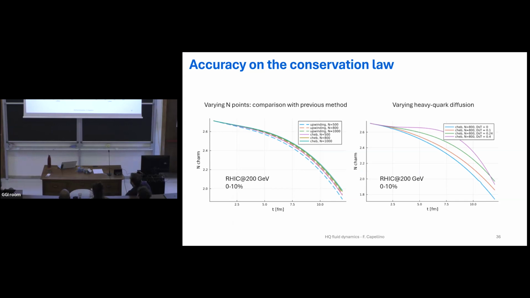And so one can see that Chebyshev systematically, for the same number of discretization points, manages to conserve better the number of charms. So this should be a better choice with respect to the previous one. And then again, we looked at how the number of charm is conserved when varying the spatial diffusion coefficient.